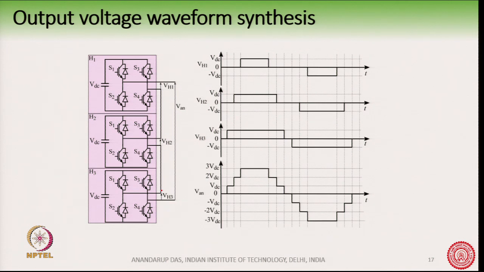Now, suppose VH1, the voltage produced from CHB 1 or the upper CHB, is this quasi square wave like this. If VH2, the voltage produced by the second cell, is this waveform, and the voltage produced by the third cell is like this waveform, and since VAN is the sum, we add these 3 waveforms and we get this waveform, which is the total waveform VAN.